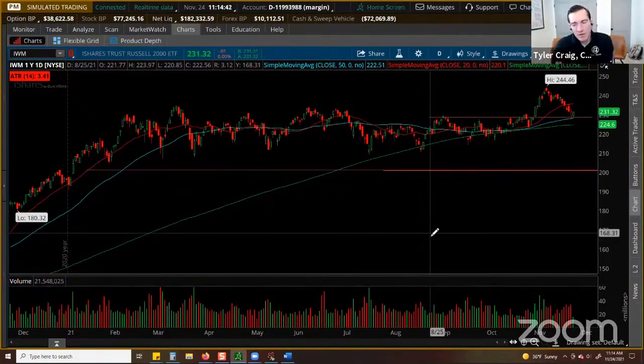This is exactly what we're trying to accomplish as traders, is put ourselves in positions where, look, we acknowledge we could be wrong. Anything could happen, but you really have to have an active imagination to think that this is going to go down to 203. And by the way, if it does, then it's all about trade management. Then there are ways that you can manage around that. But I love this as a starting point.